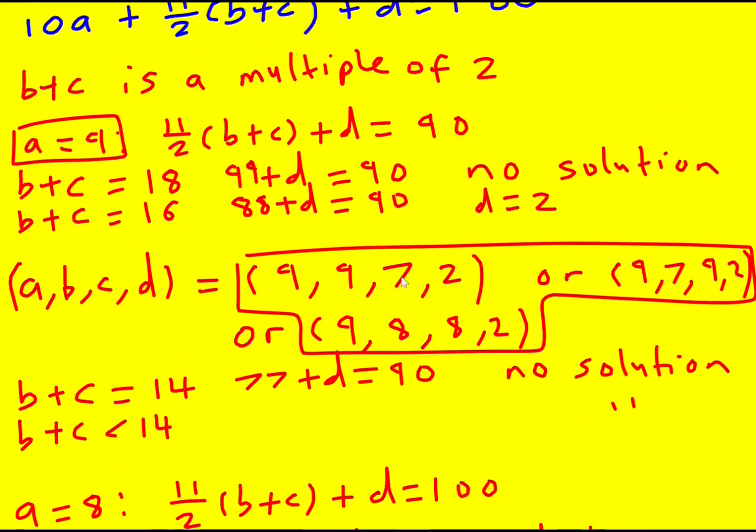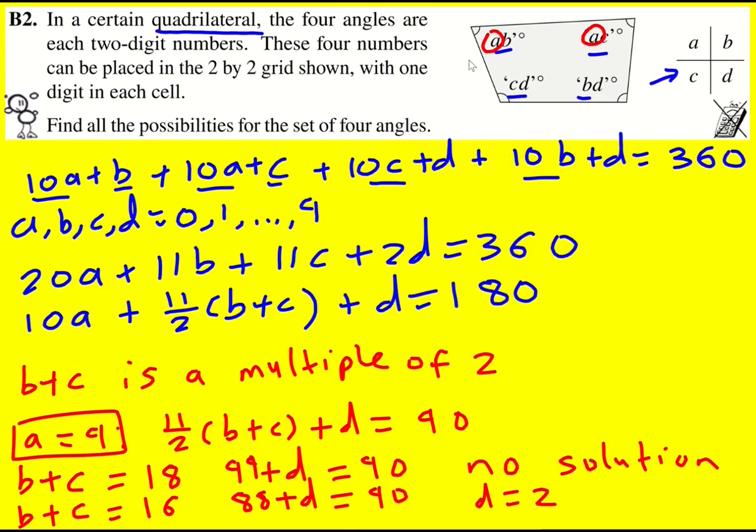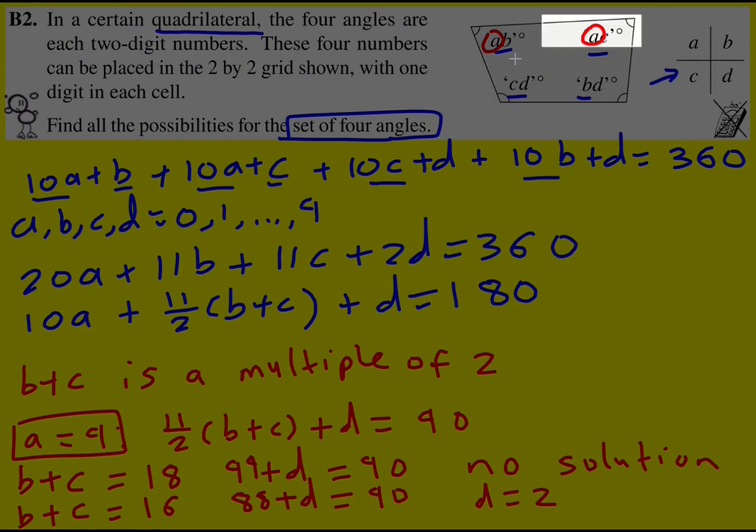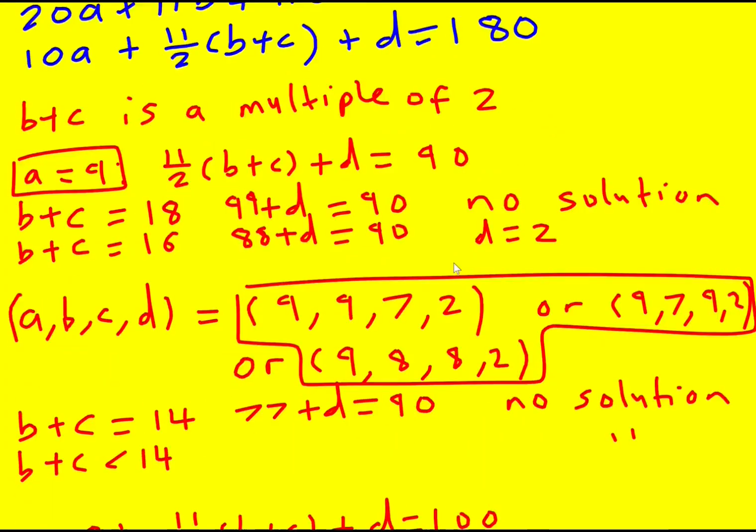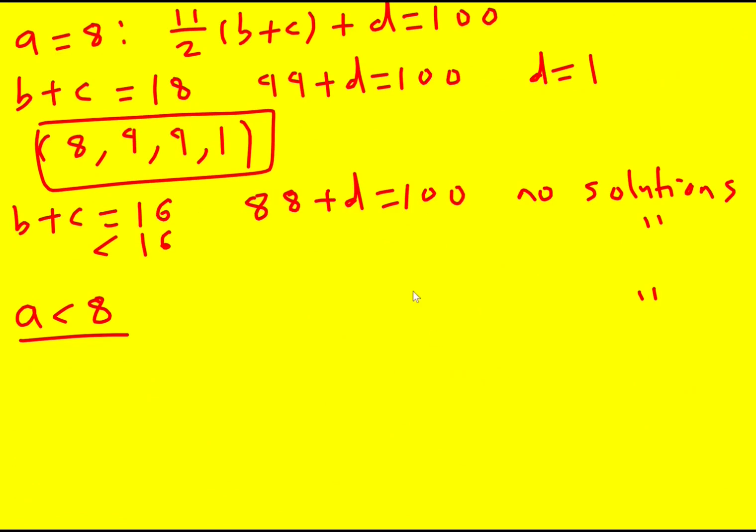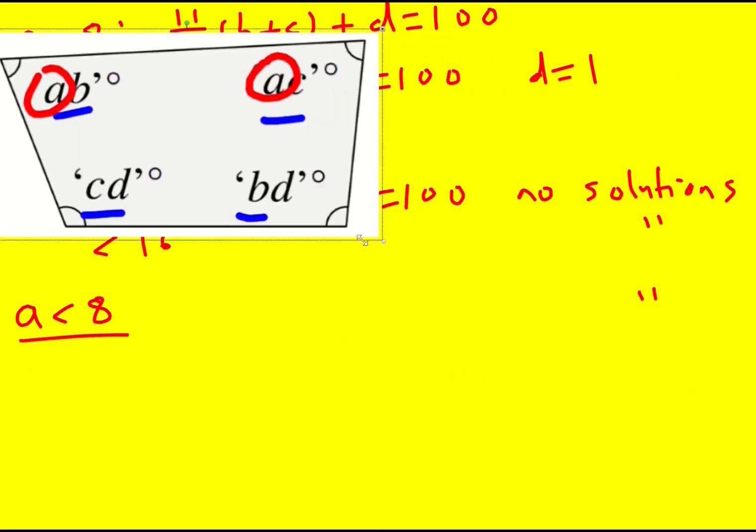Right, finally, and this is where I find it a bit confusing. I've sort of found all the different solutions for A, B, C, and D, but actually, now I've realized it, we're asked for the set of the 4 angles. So I should write these down as my final answers. Okay, so those are all my answers from above.